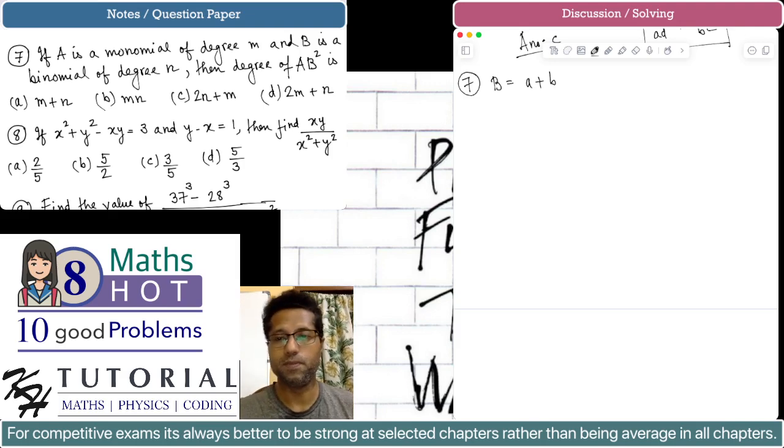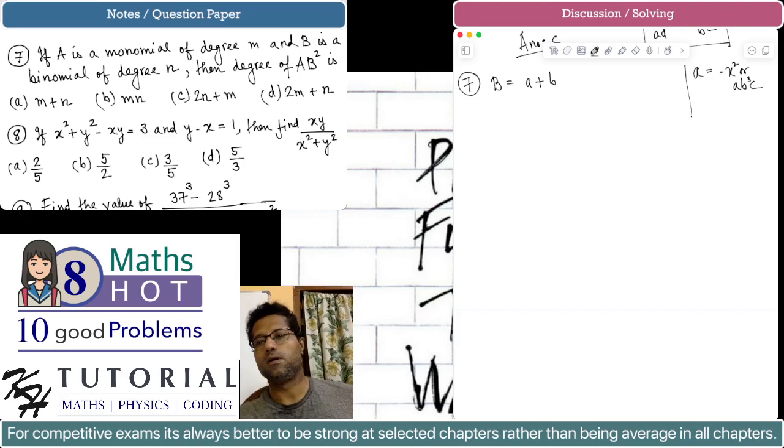That is, a could be something like minus x square or a b cube c. It's a term. So B will be of the form a plus b, since B is a binomial.